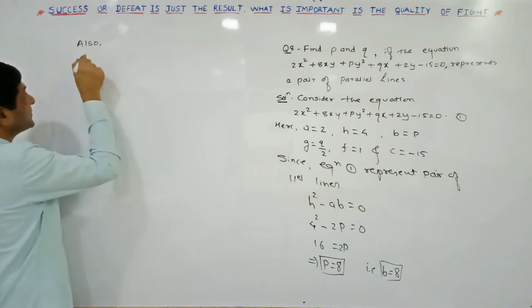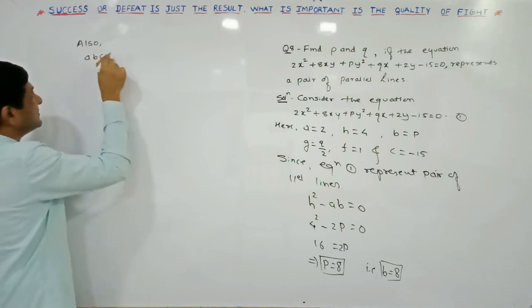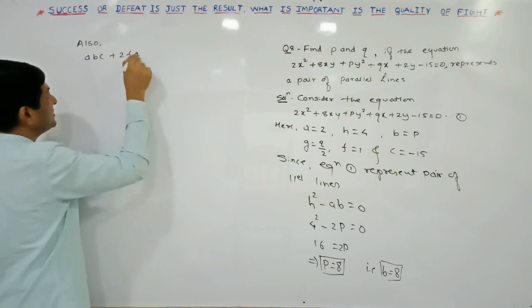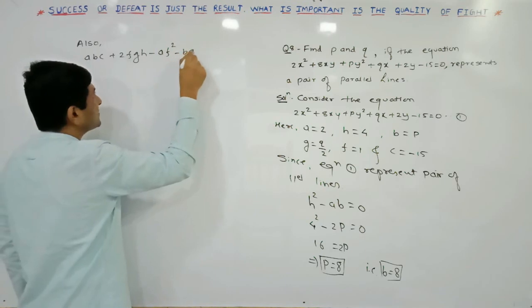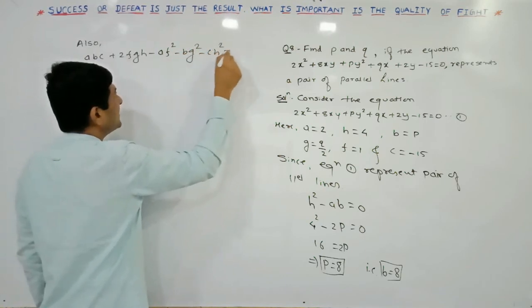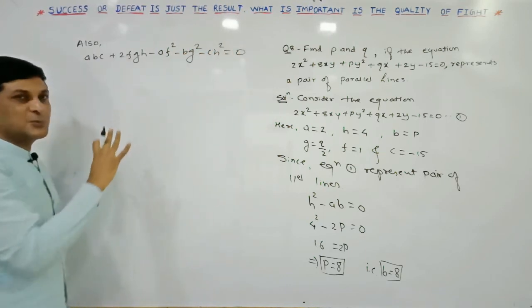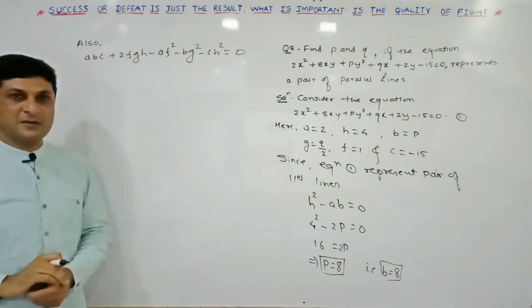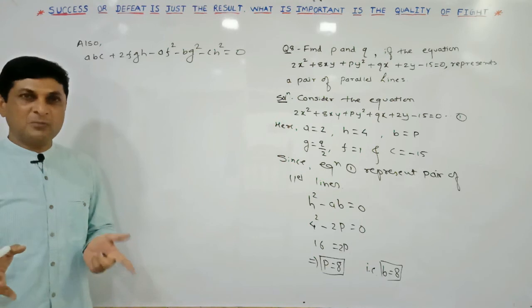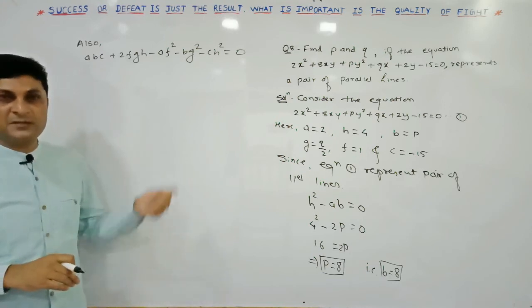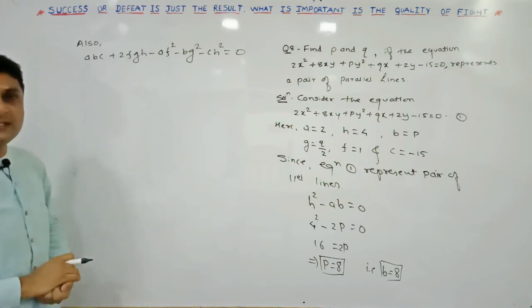So what is that expression? abc plus 2fgh minus af square minus bg square minus ch square will be equal to 0. So this expression we are getting by simplifying the determinant only. So you will have two choices. If you like the method of determinant, solve the example using the determinant, or solve the example using this expression.